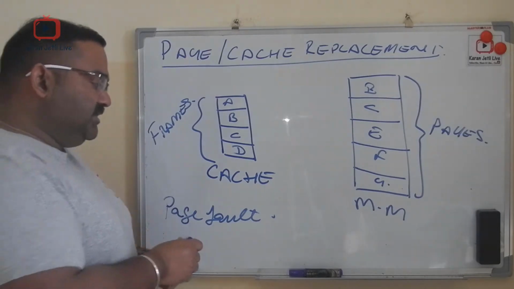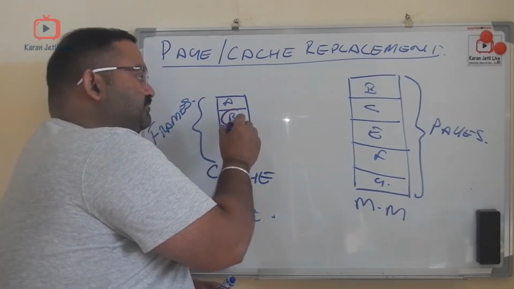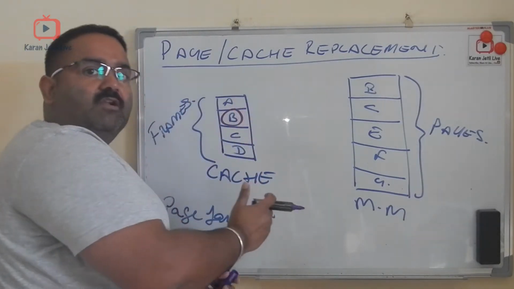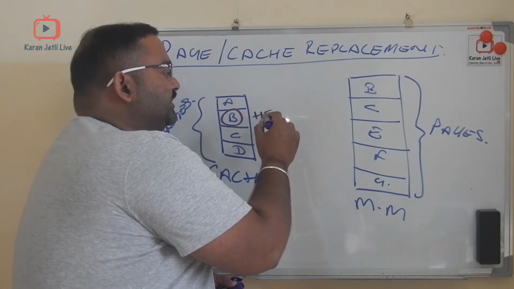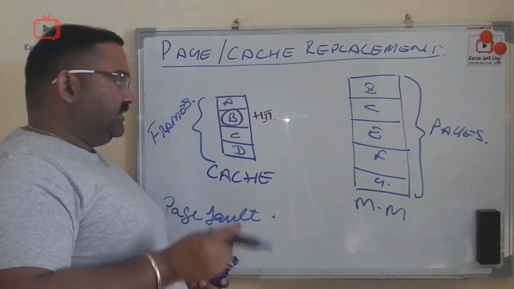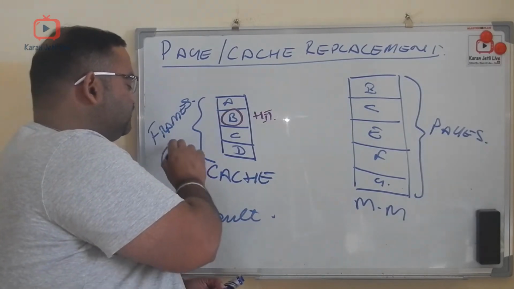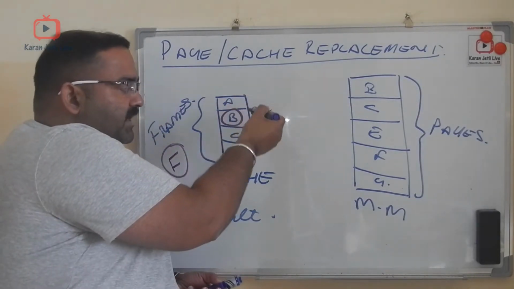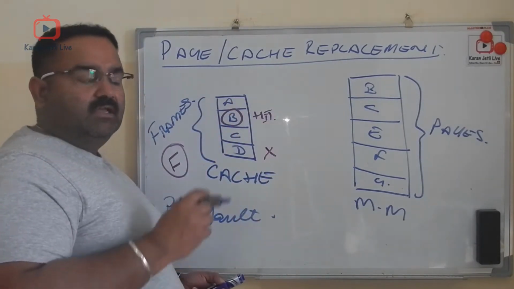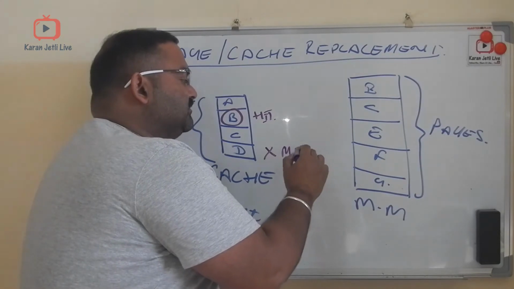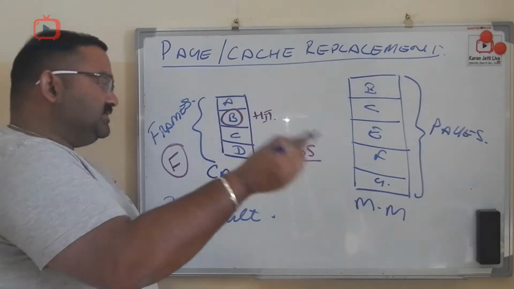Now guys, if the CPU needs page B, it is already in the cache, so we call it a hit. Now in case the CPU needs page F, the page F is not in the cache, so we call it a miss.